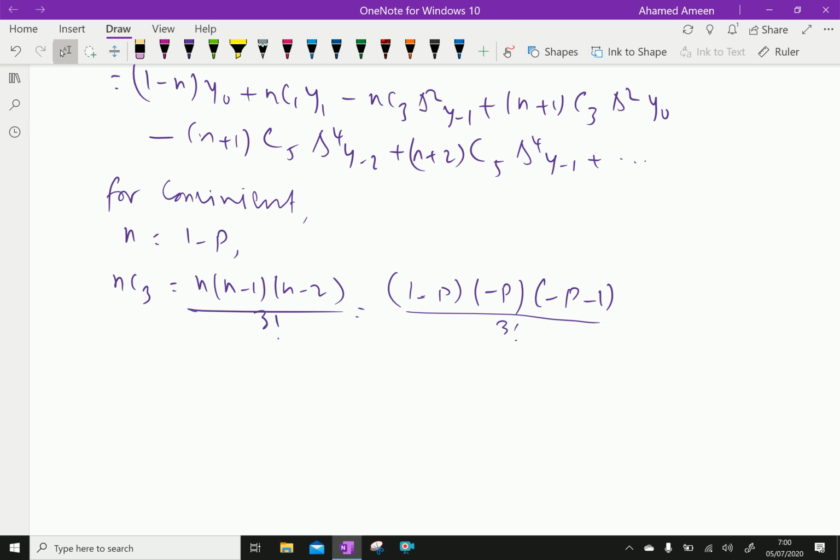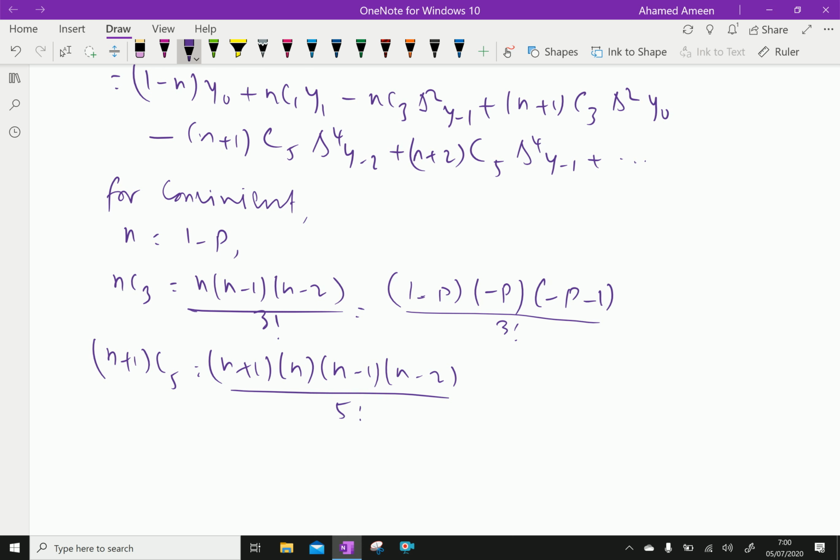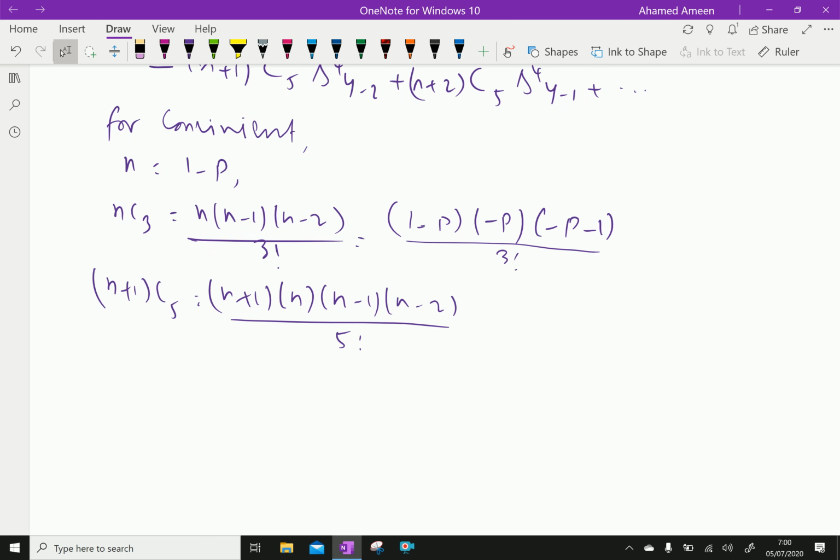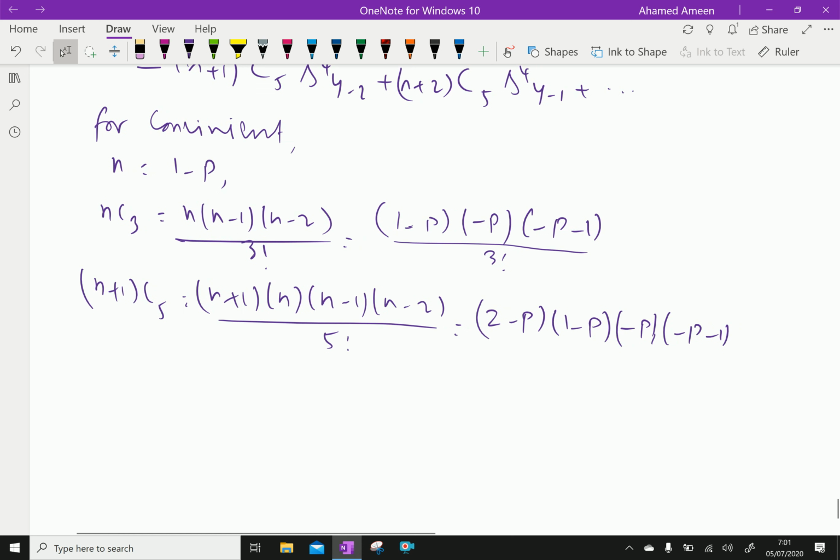Like that we can express n plus 1 C5, n plus 1, n, n minus 1, n minus 2 over 5 factorial, in terms of p as 2 minus p, 1 minus p, minus p, minus p minus 1, minus p minus 2 over 5 factorial.